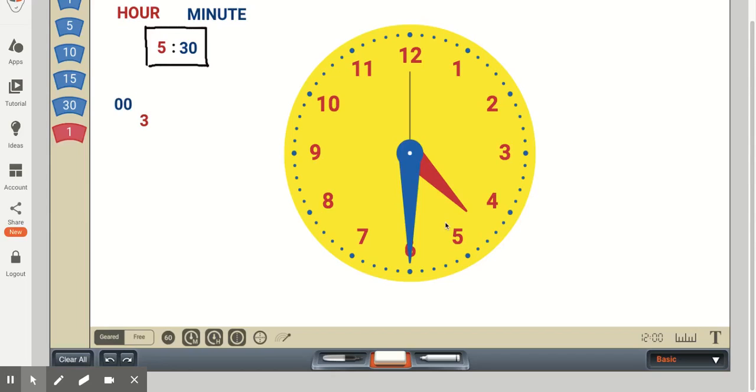Once again, if you see that your first grader is showing this with the hour hand right on the 5, they don't have the understanding yet that the hour hand hasn't reached 5 yet, and that in order for it to be 5:30, the hour hand has to be past 5 o'clock, and then the minute hand will be on the 6, so that this is 5:30 or half past 5.